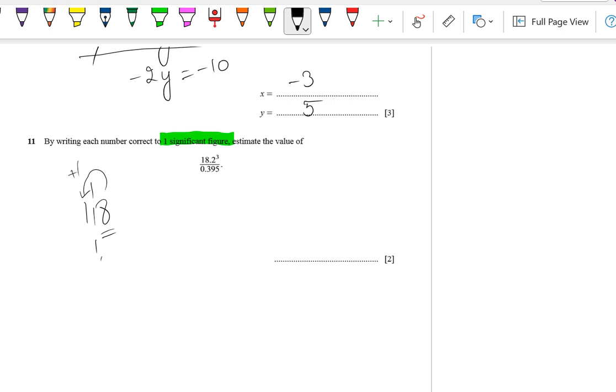So my one significant figure of this fraction would become 20 cube over 0.4. 8,000 over 4, 0.4, or 80,000 over 4, answer would be 20,000.